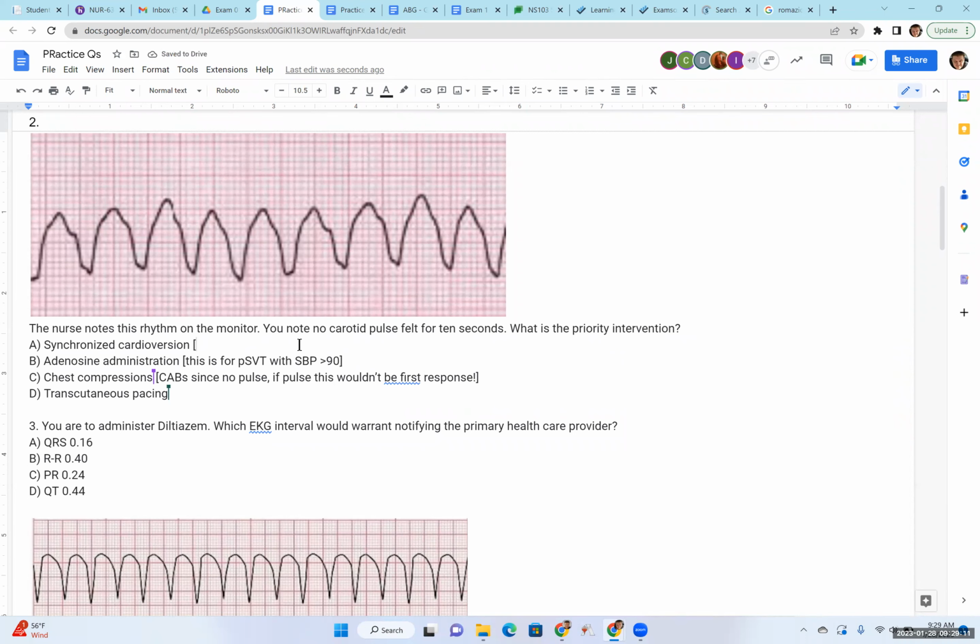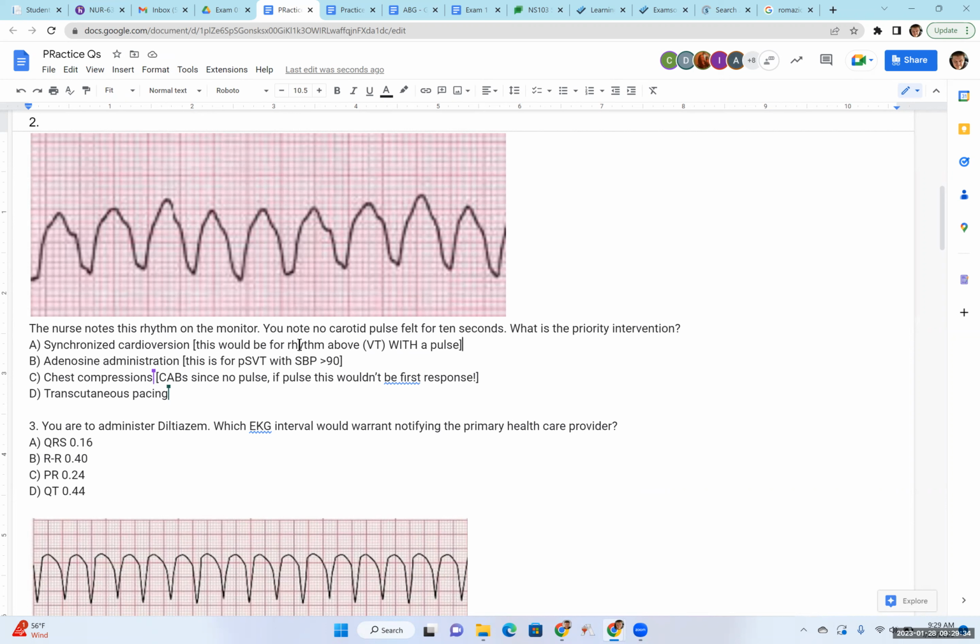And for this VTAC, when would synchronized cardioversion be incorrect? How would we change the stem? They had a pulse, right? This would be for VTAC, the rhythm above VTAC, with a pulse. Okay. And even then, we might even trial amiodarone.